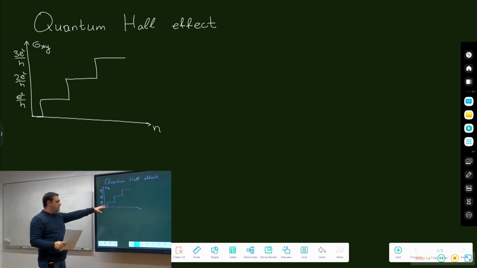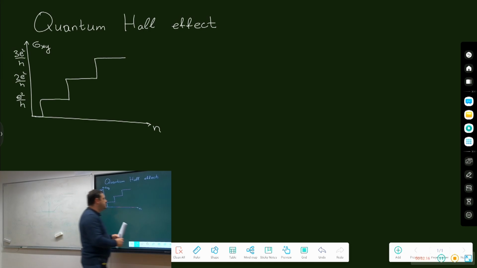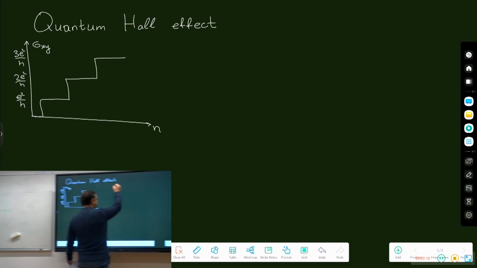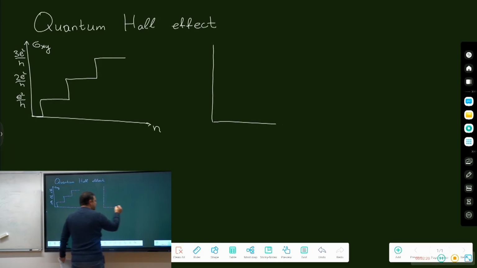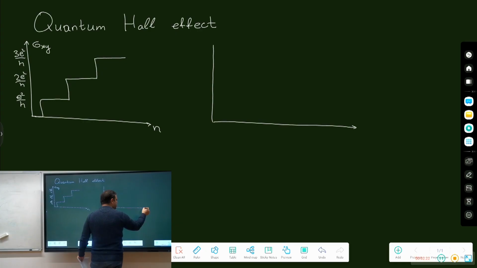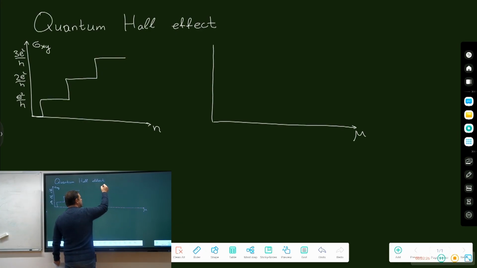And the reason behind this picture is the picture of the density of states as a function of chemical potential mu, density of states rho of mu.